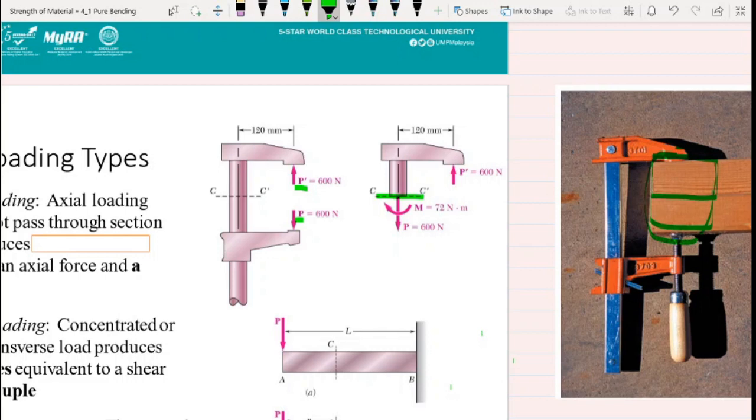The internal forces in the section are equivalent to a 600 Newton axial tensile force P and a moment of 72 Newton meter couple M. By combining our knowledge of the stresses under eccentric load and the result of an analysis of stresses in pure bending, the distribution of stresses under an eccentric load is obtained.